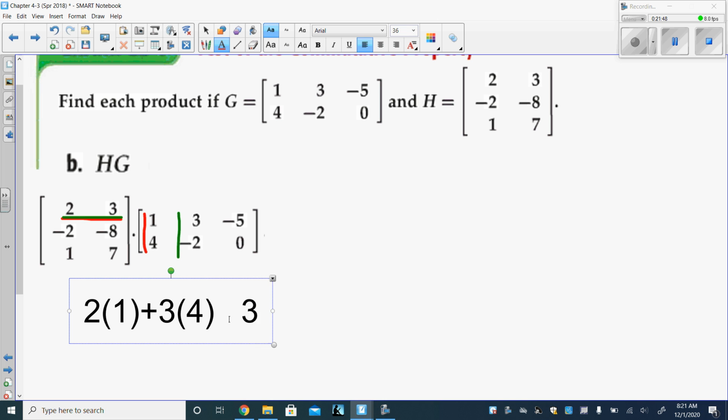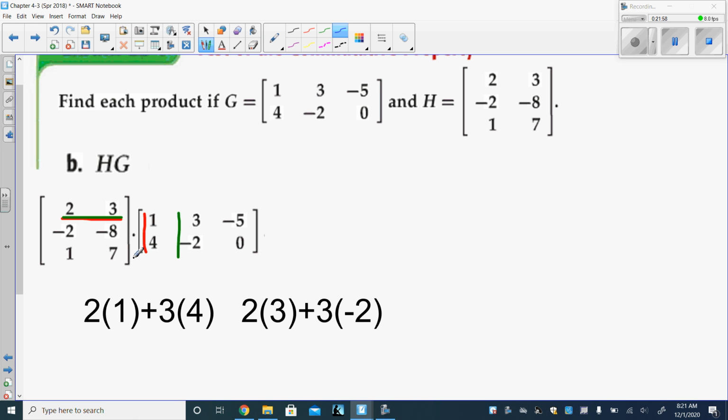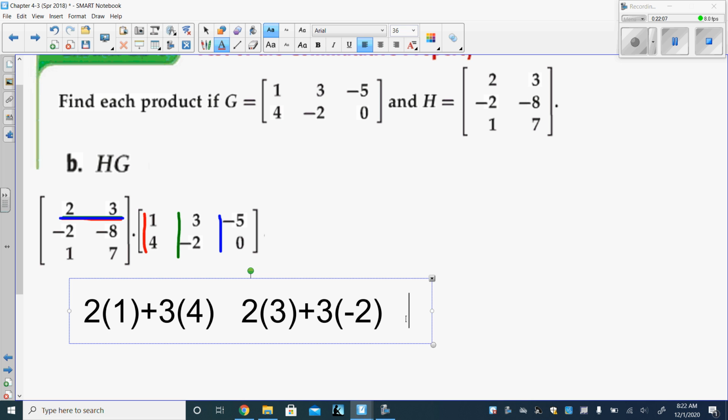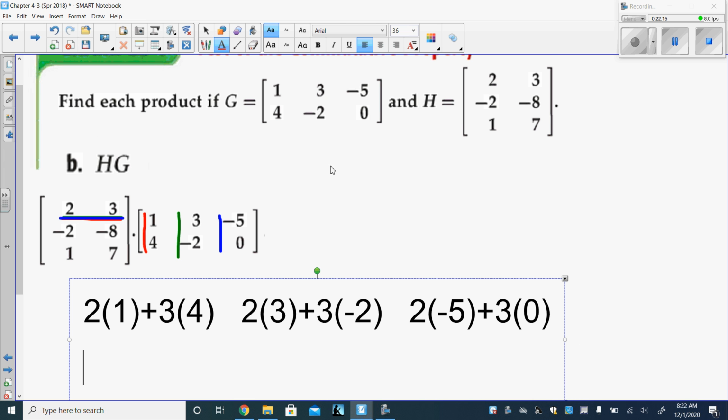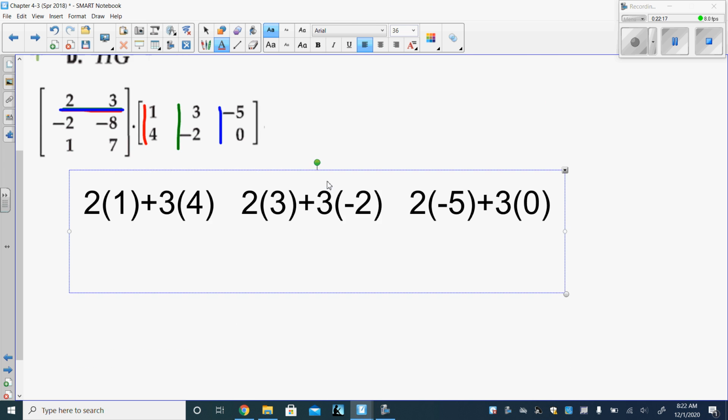So our next would be 2 times 3 plus 3 times negative 2. Now we still have one more with this top row, over and down. So this would be 2 times negative 5 plus 3 times 0. So we're done with the first row.